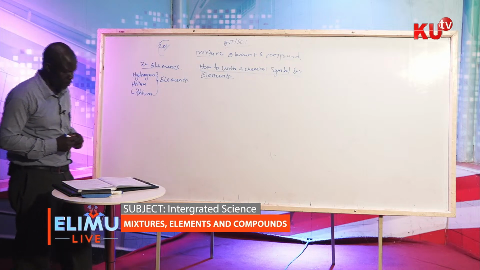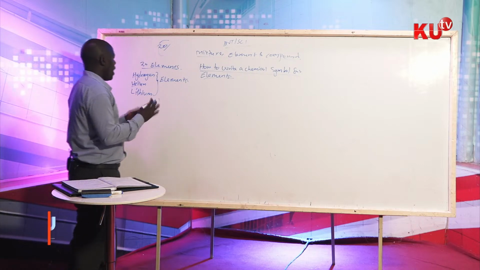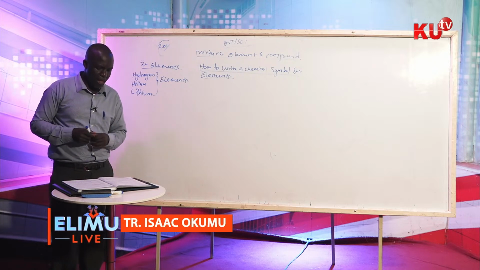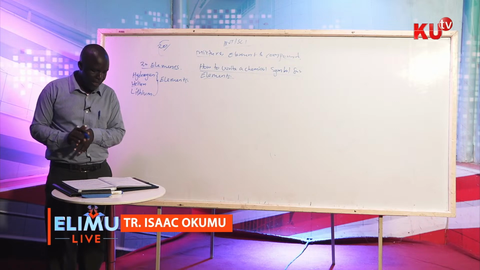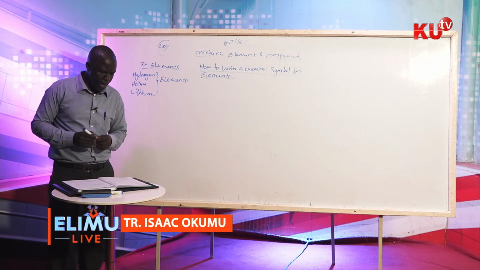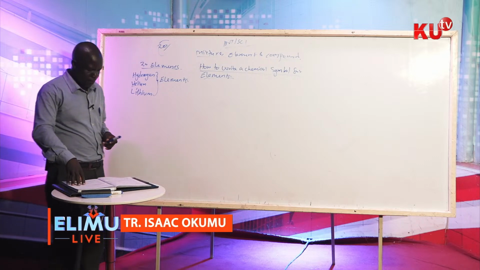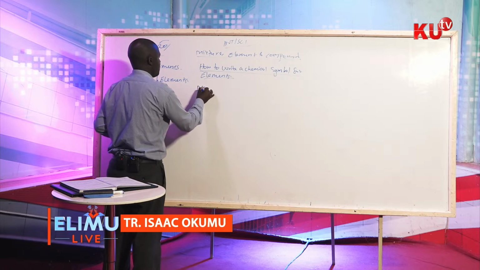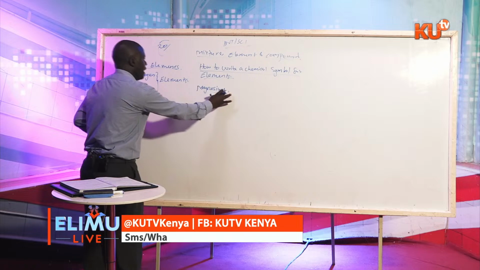For example, if I want to take one which takes the English name and the other one which takes the Latin name. So I will take the first one, which is called magnesium. This is an element.